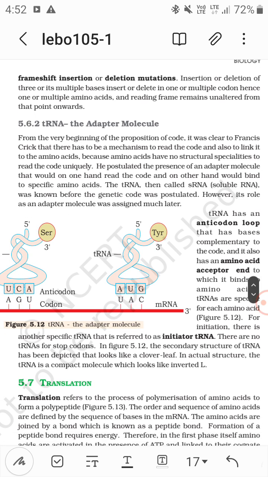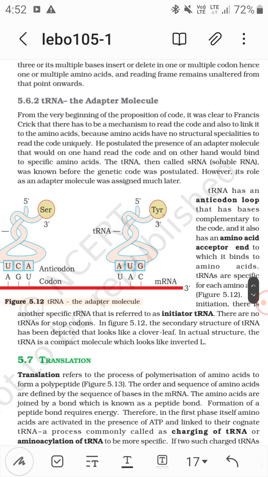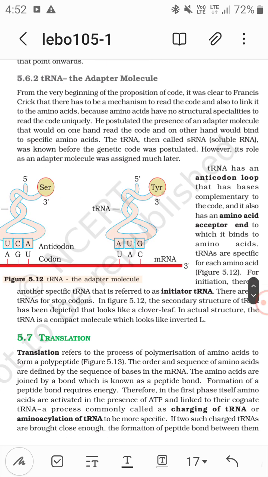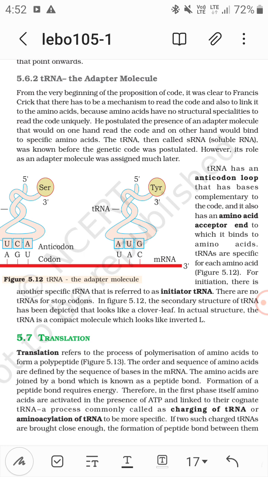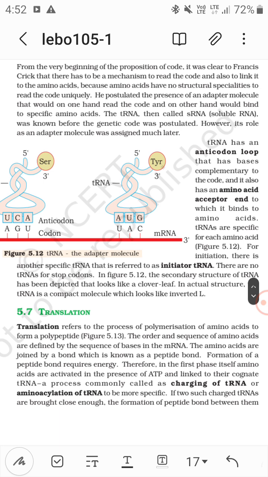Now tRNA, the adapter molecule proposed by Francis Crick, has no structural specialty to read the code uniquely. It is also known as soluble RNA, sRNA.